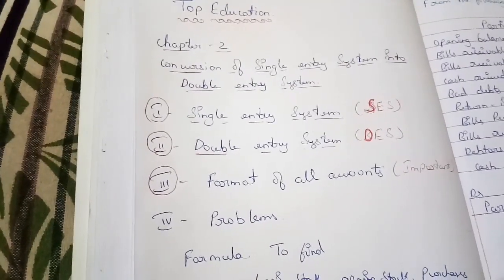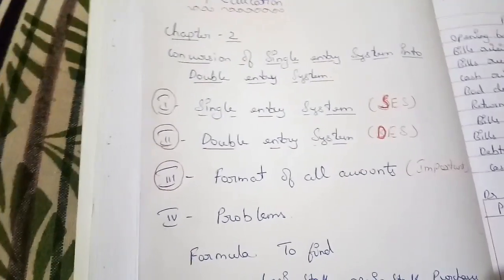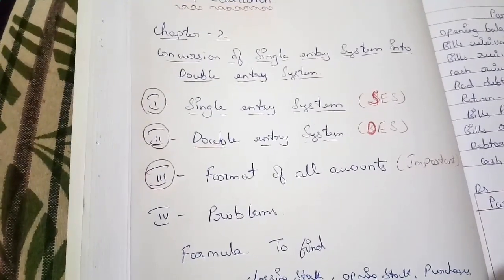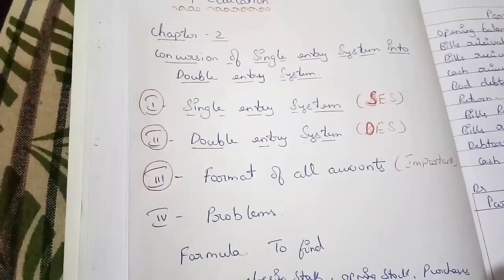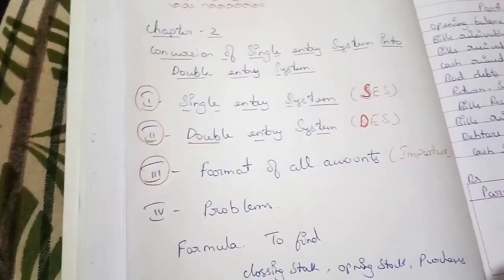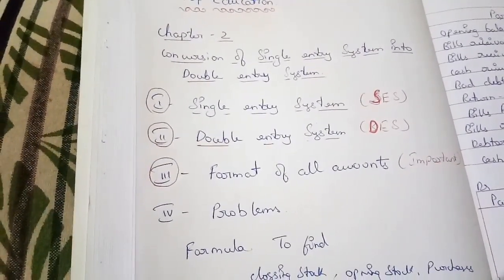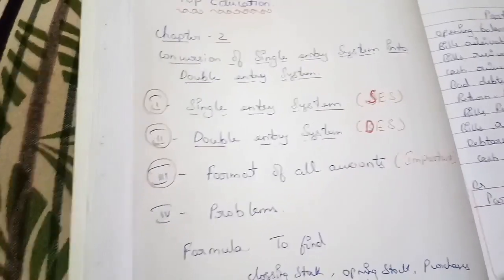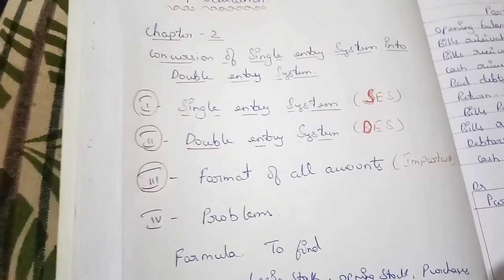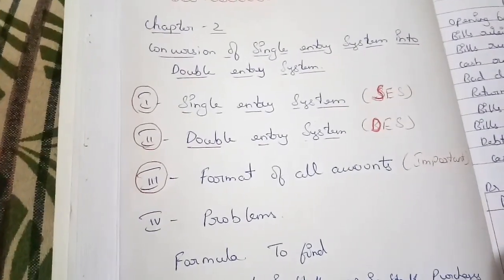It is defined as a method of accounting which doesn't follow the principle of double entry system. It considers only one aspect of a transaction, either debit or credit, and the other aspect is ignored. The system maintains only personal accounts and impersonal accounts are excluded.